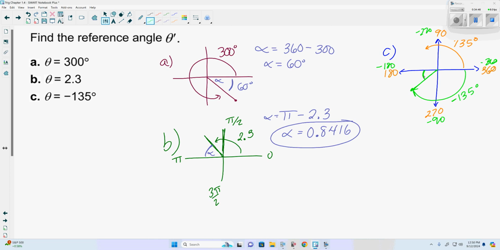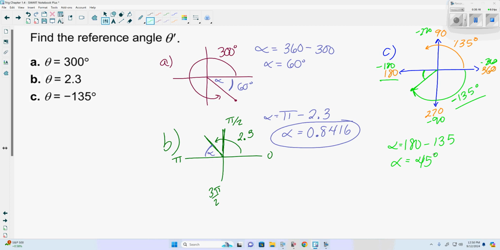It will always be a positive angle. So we're taking this 135 degrees away from what? 180. And if we take it away from this here, we get 45 degrees.